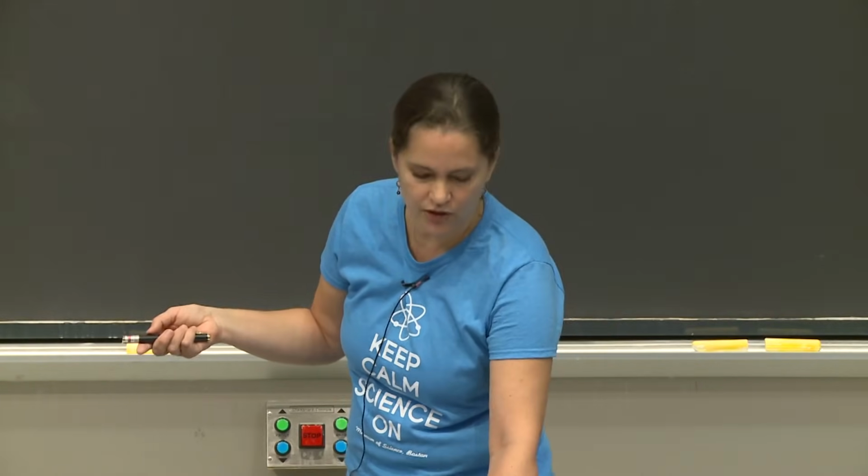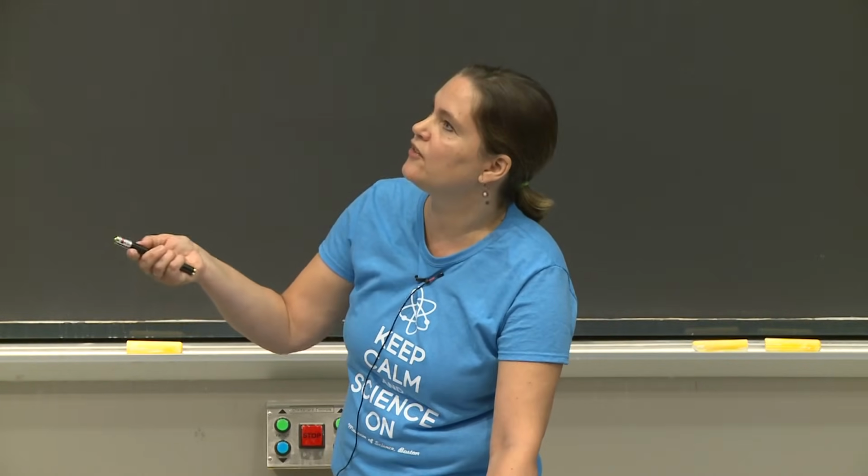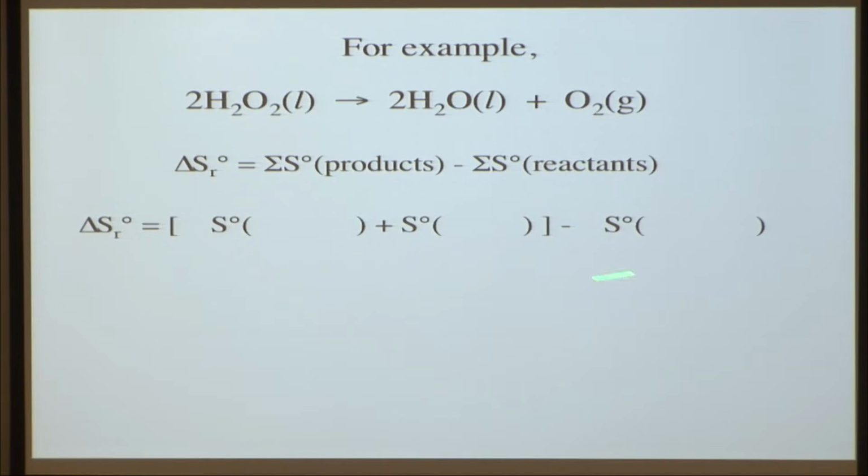OK, so for this reaction that we just did, we can put in our values here. We're forming liquid water and O2 gas, and we are using 2 molecules of hydrogen peroxide, H2O2.